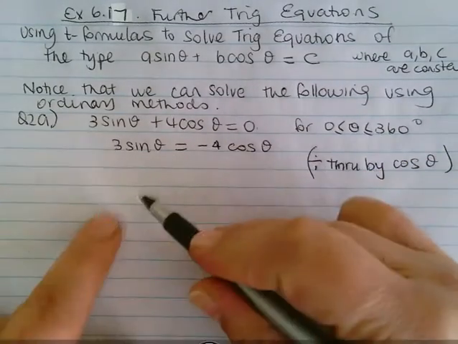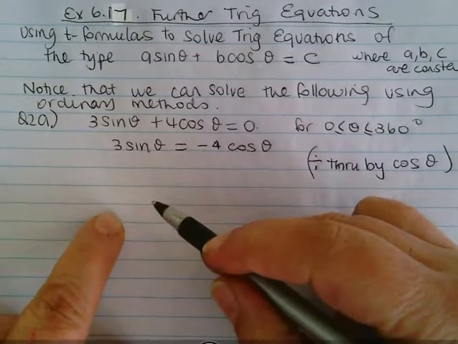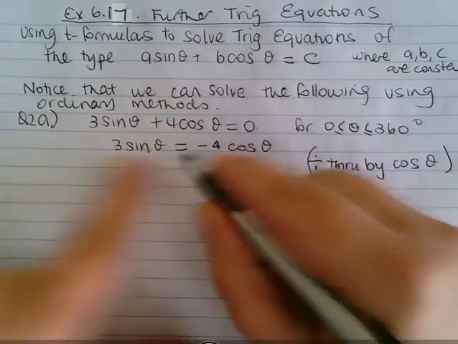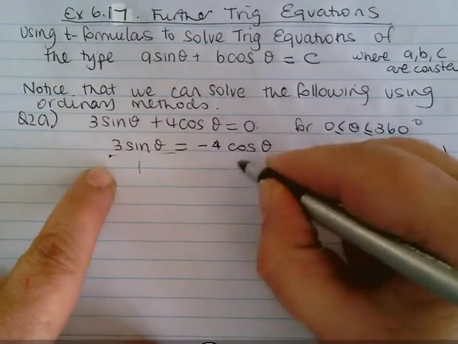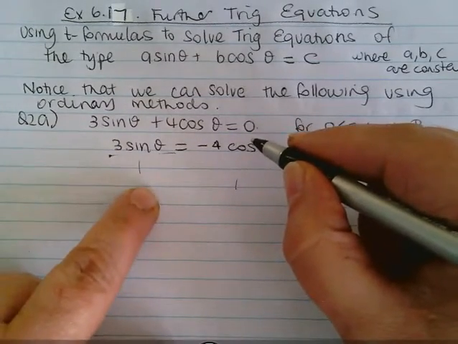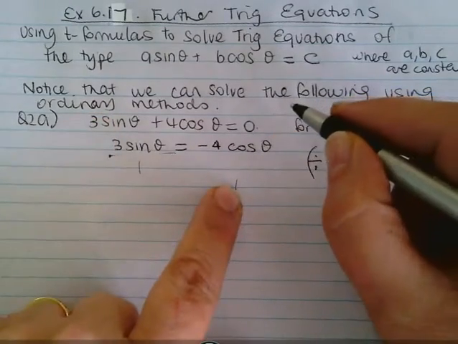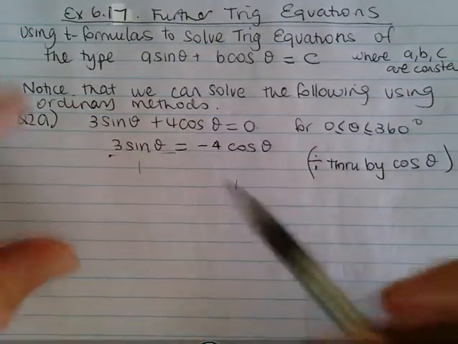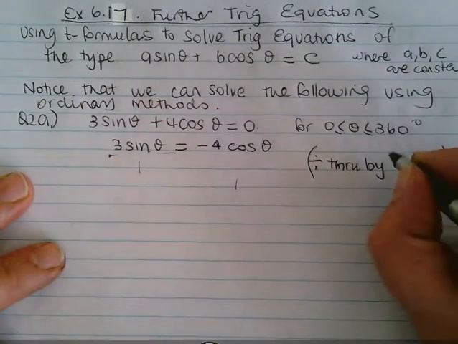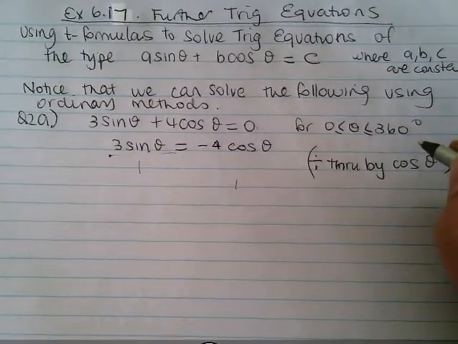Couldn't I just move this cos theta underneath, rearrange? It's the same thing. We can rearrange and make denominators here if we want. I can put the cos theta under there, and I get sine theta on cos theta is tan theta, and I can put this 3 down there. All right? So what we're going to do is solve this equation. So I'm going to divide through by cos theta.